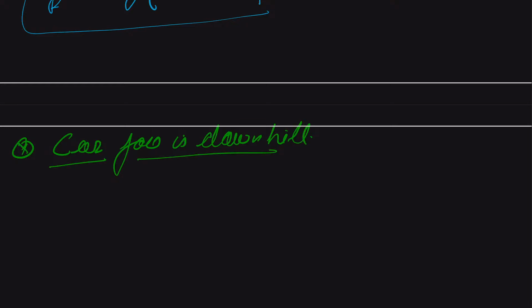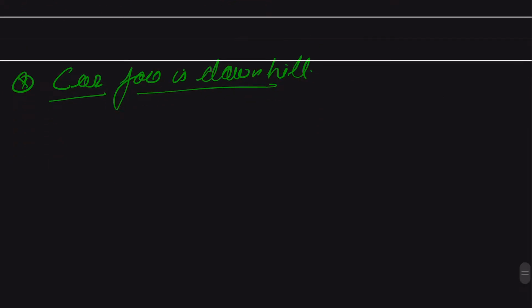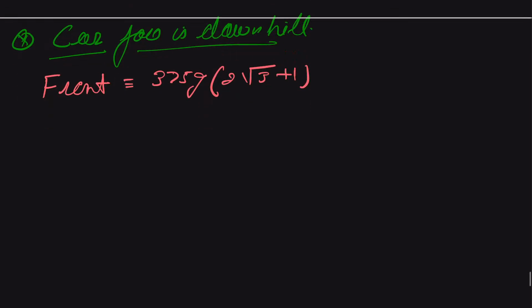In this case, our front normal will be equal to 375 g times 2 square root of 3 plus 1, and the rear is going to have the same but with a different sign, minus 1.